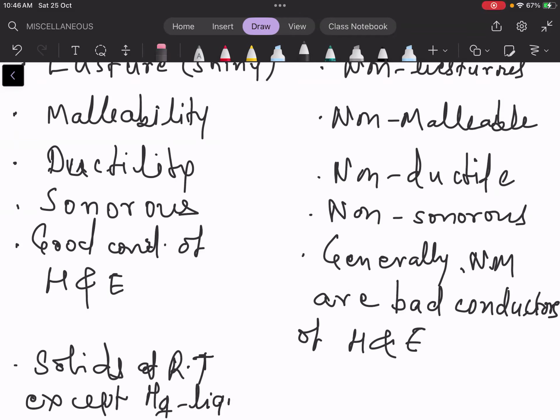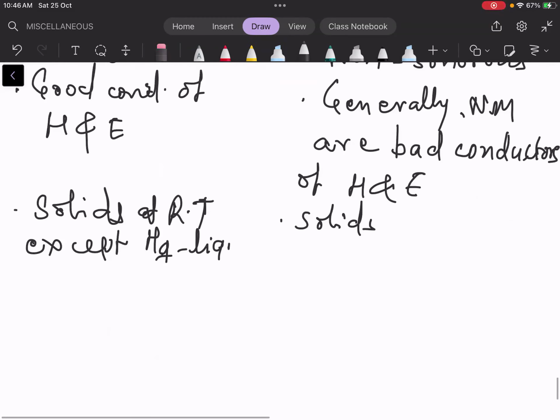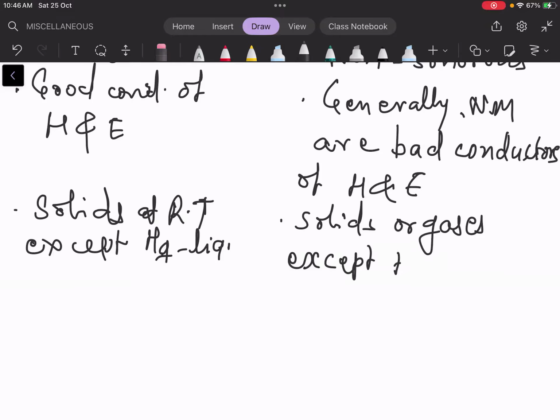Generally, non-metals are solids or gases, except bromine, which is liquid.